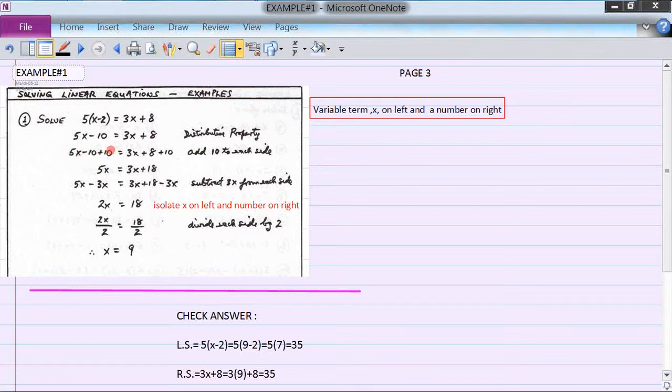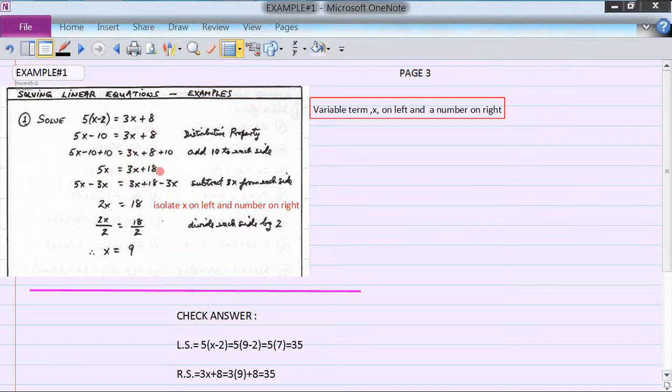So what I do to one side, I've got to do to the other side. So I'm adding 10 to each side. Okay. Now, minus 10 and plus 10 is 0, and here I have 5x by itself. 3x is this 3x. 8 and 10 sum to 18.